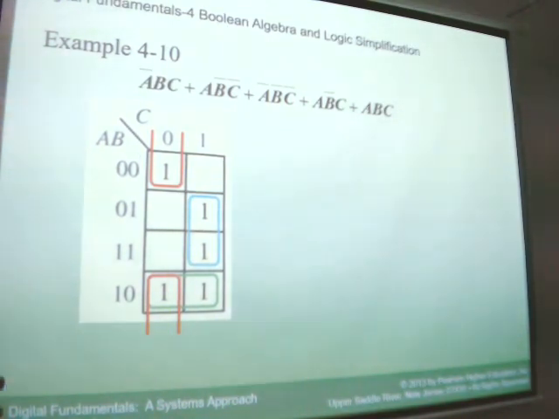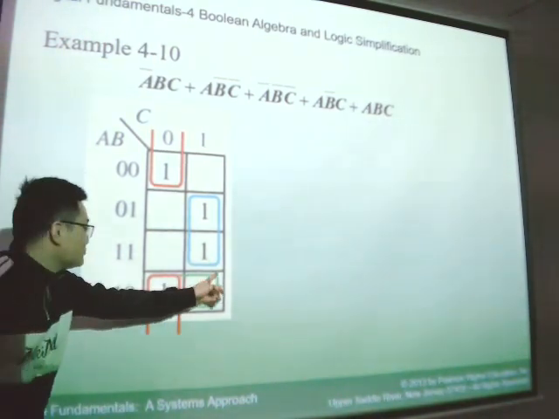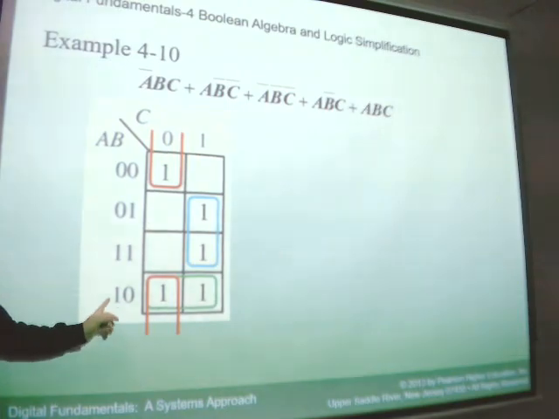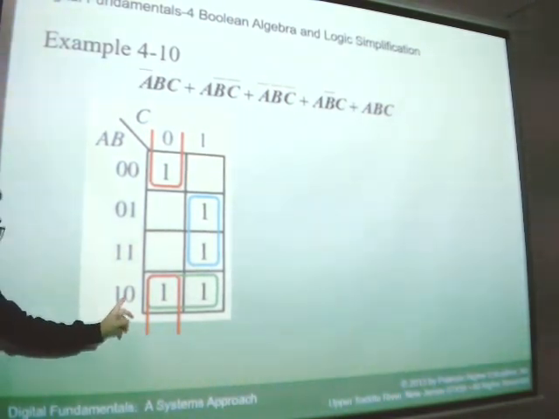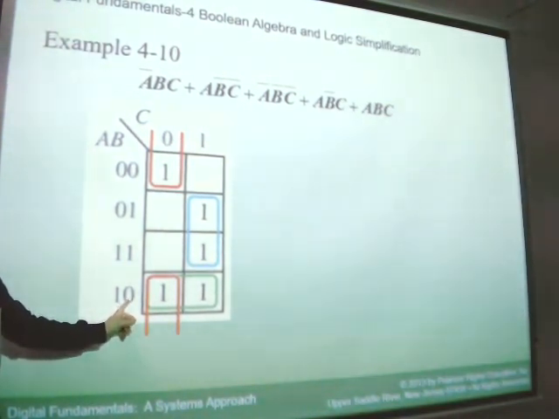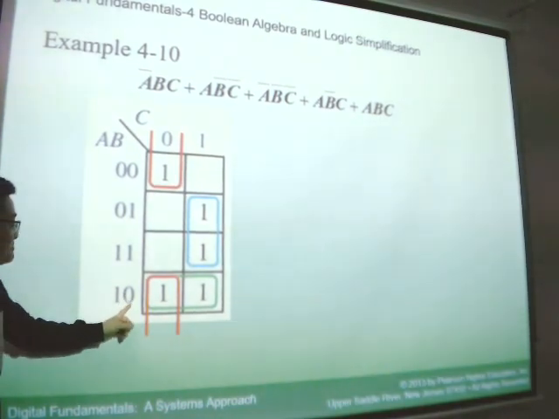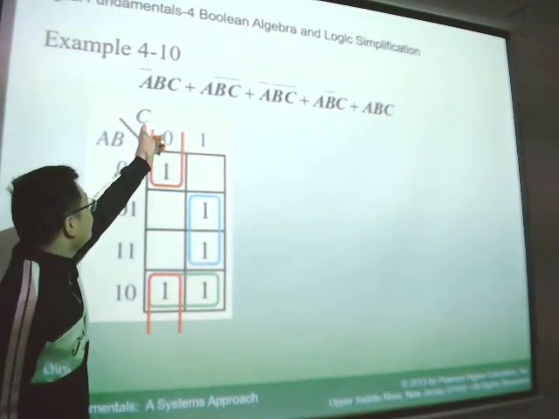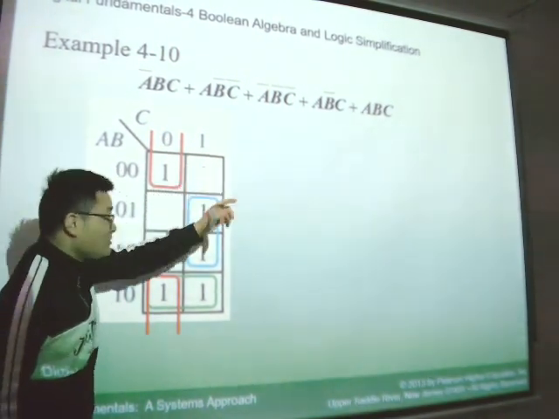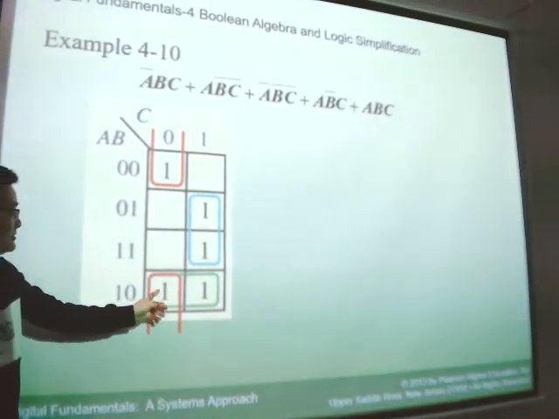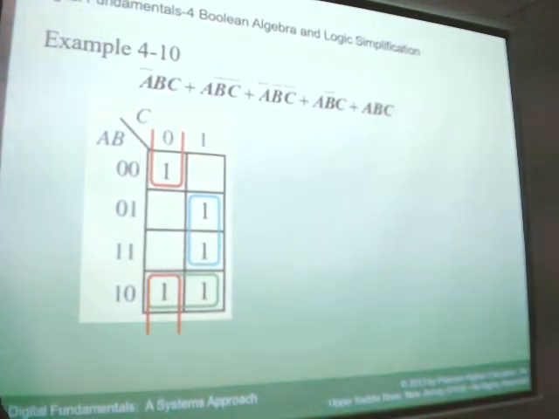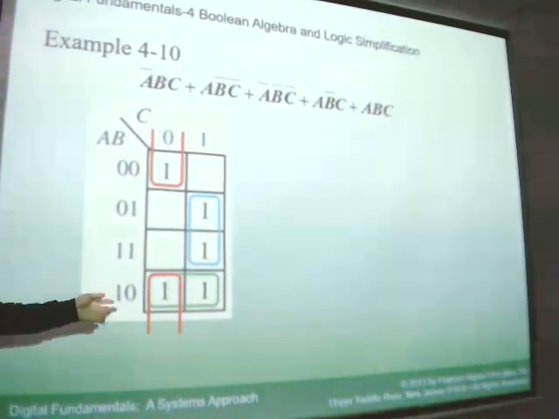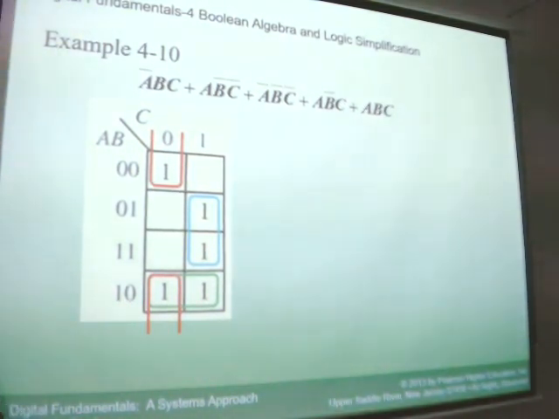Very good. For this group, A is always 1, B is always 0, and C is always 0 and 1. So the corresponding minimum product term is A B bar.